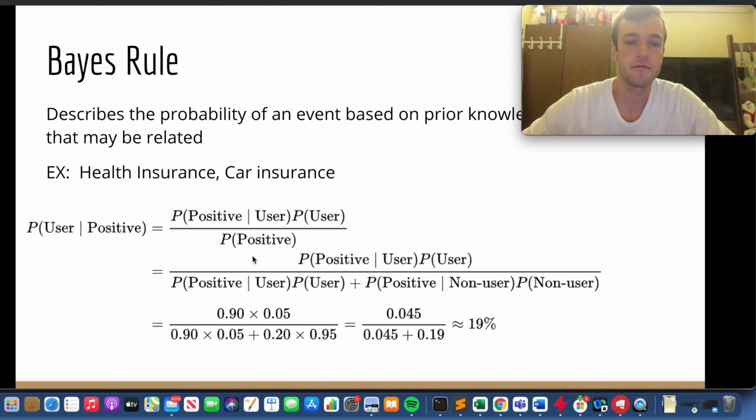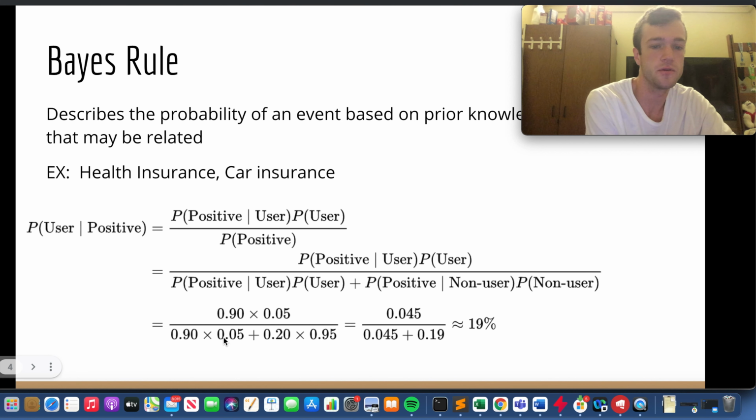So on the bottom, in the denominator, you have to account for all possible cases. So P of positive given a user or non-user.